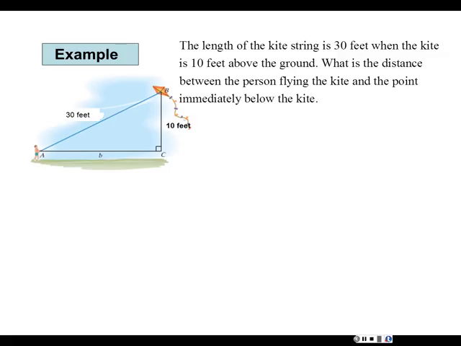The point where he is flying is capital A here, and the point immediately below the kite is capital C. So we are looking for the distance between A and C, which is small b. This is the way we have written it. We have just drawn the picture. You probably have your own variables or names, doesn't matter.